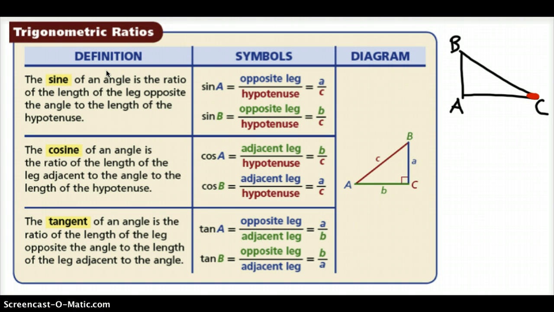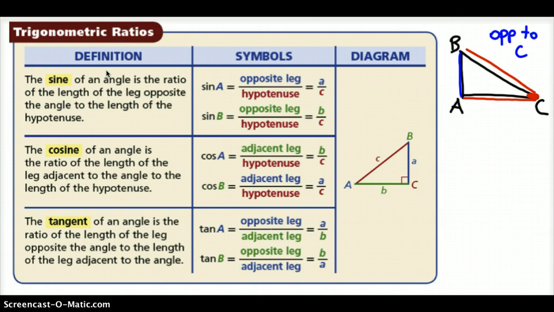The opposite side to angle C is the side that doesn't share that common vertex of C. If I'm asking about the opposite side for C, I can't choose BC because this vertex is part of C. This side right here also connects to the vertex of C, so that's not the opposite side. The opposite side to C is BA. So I'll say this is opposite to C.